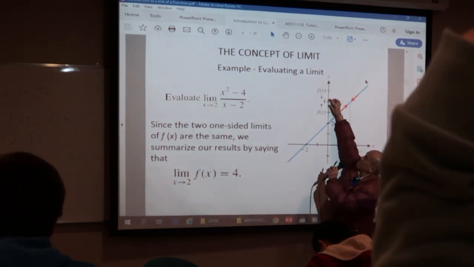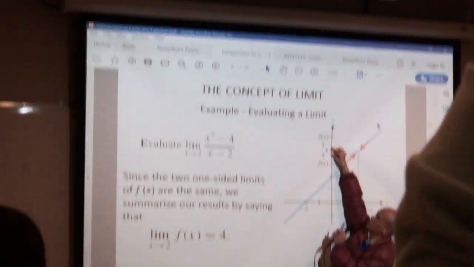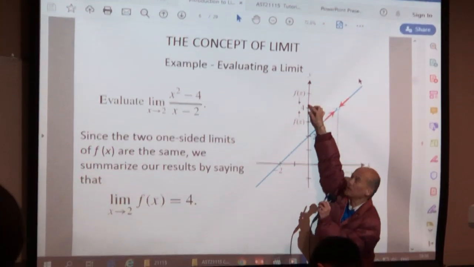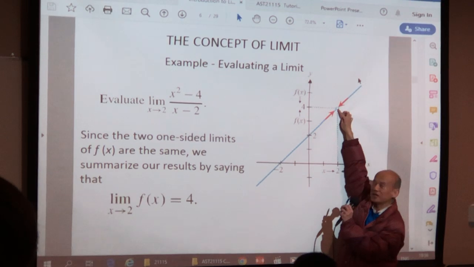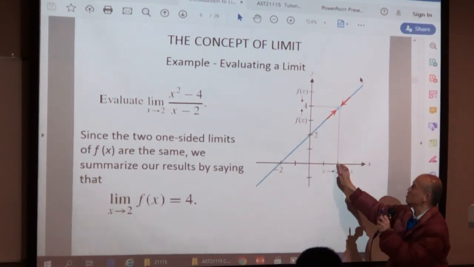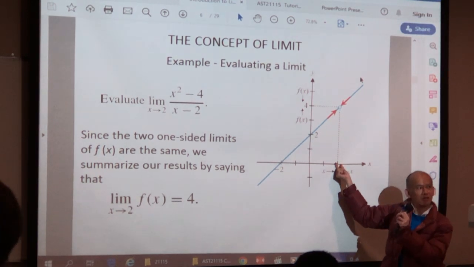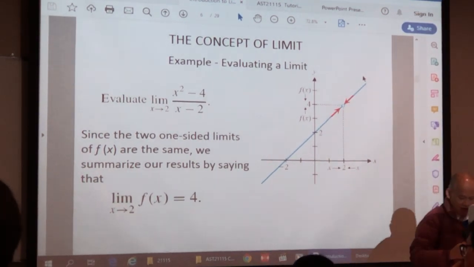You put it here, positive epsilon and negative epsilon, which forms an interval. Then if the limit exists, I can determine another interval here, positive delta and negative delta, on that side.